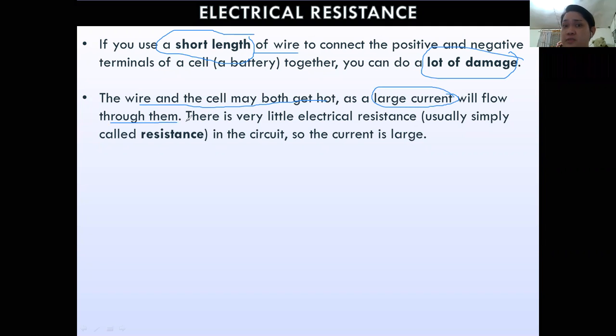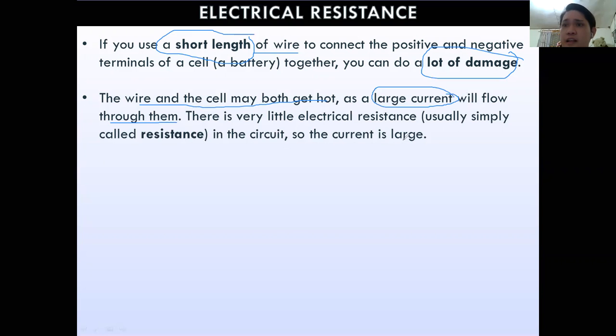That's the reason it will cause a lot of damage when the current flow is large. Meaning to say, there is very little electrical resistance, usually simply called resistance, in the circuit. So the current is large.